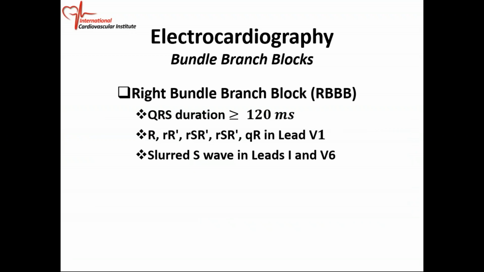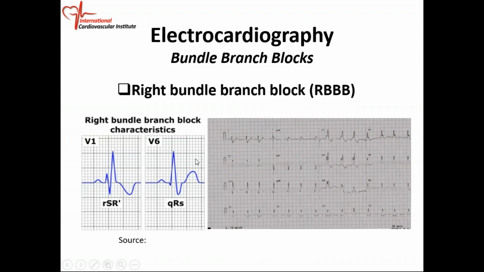Now, just like how the left bundle can be blocked, you can get a right bundle branch block. And with the right bundle branch block, the same thing, the QRS duration, the width of the QRS, is going to be greater than or equal to 120 milliseconds. And when you look in V1, you'll get the RSR prime or a different configuration of that. And then in leads 1 and aVL, you get a slurred S wave.